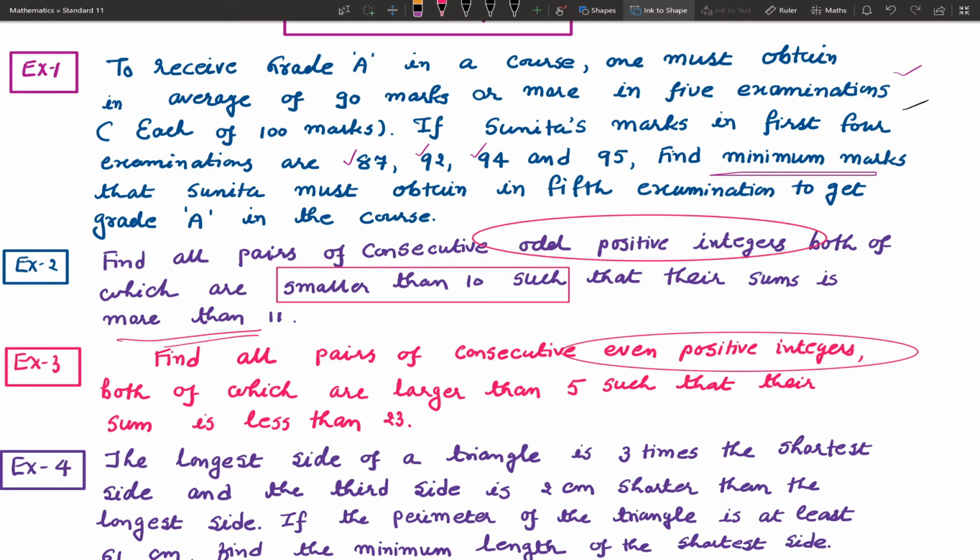So again we will suppose the pair as x and x plus 2. Both of which are larger than 5. So if we suppose x and x plus 2, then x is greater than 5 and x plus 2 is also greater than 5.